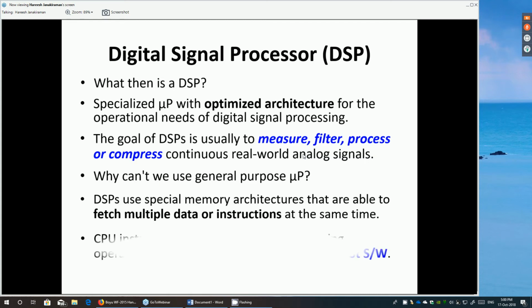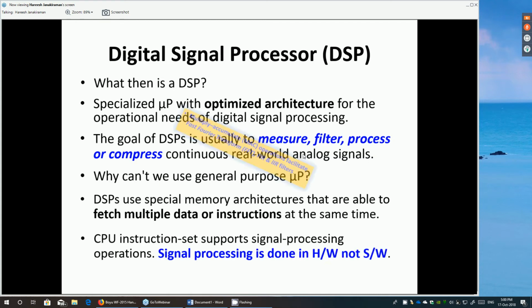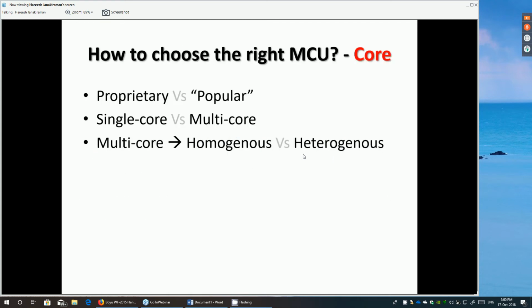Okay, so we talked about different types of chips. Now this is where we get into some of the practical aspects of embedded systems design, microcontroller based design. So in the first part of my seminar, I usually give some perspective to students about how to choose a microcontroller for an application.